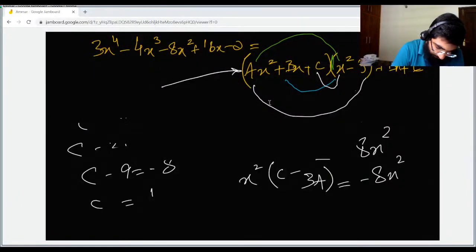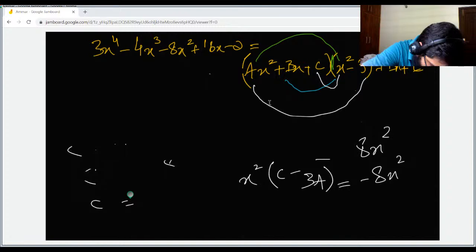Now what's left? We have solved till x squared. What's left is x and constants. How will I get x?